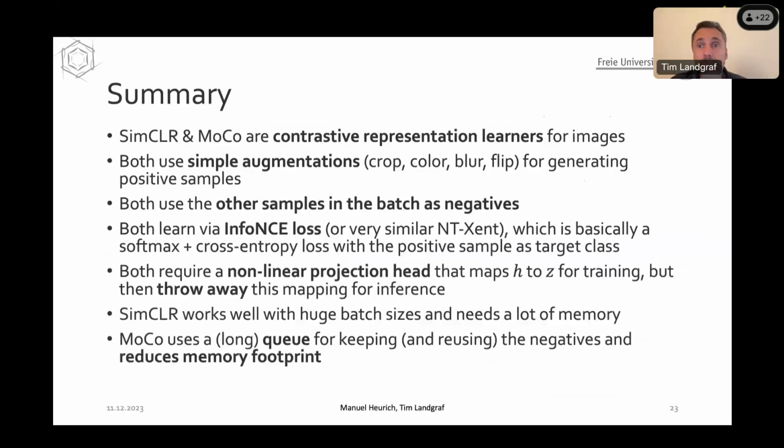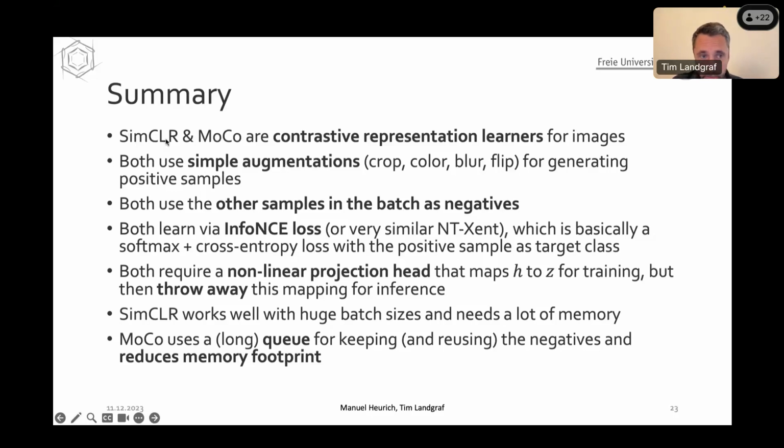Okay, so in summary, SimCLR and MoCo are prime examples of contrastive representation learners. I chose to bring those up in the first half of the semester because they really stand out as nice examples of what the problems in the field are and what the solutions are. They both use simple augmentations, which is neat because if we want to implement this, we only have to focus on the core concepts and not on weird augmentation techniques.